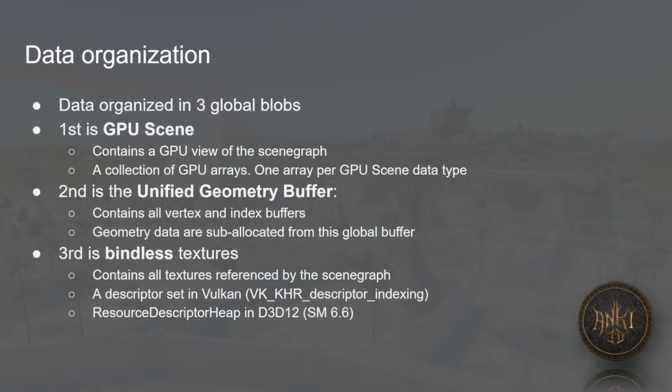The third blob is the bindless textures. This one contains all the textures referenced by the objects in our scene graph. In Vulkan, we use the KHR descriptor indexing extension, and it's a single descriptor set that contains practically all textures. In DX12, bindless textures live in the first part of the global CBV, SRV, UAV heap and accessed using shader model 6.6.